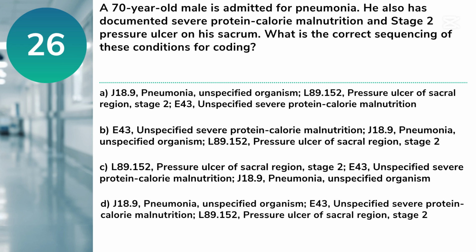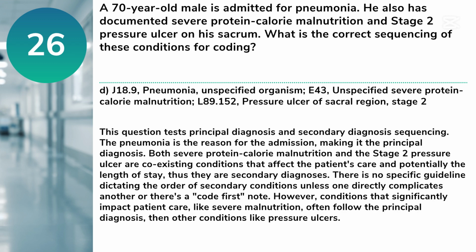Answer: D. J18.9, pneumonia, unspecified organism, E43, unspecified severe protein-calorie malnutrition, L89.152, pressure ulcer of sacral region, stage 2.